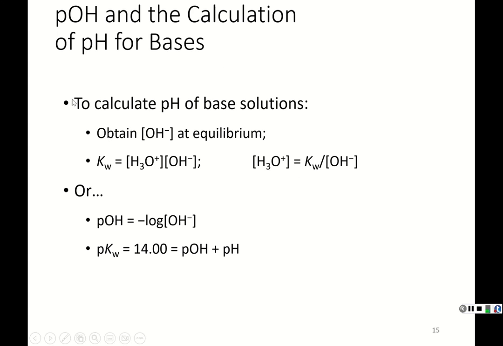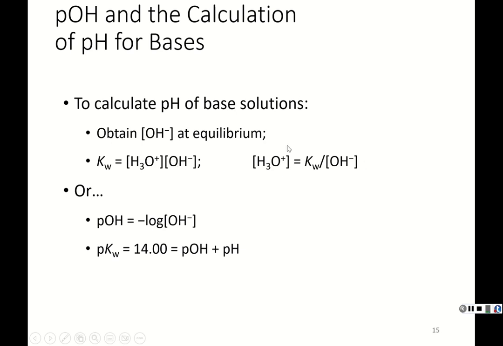So to calculate the pH, just in summary, of a basic solution, you have to obtain the OH minus concentration at equilibrium. Then you use the Kw expression, where Kw equals hydronium ion, or H plus, times OH minus.